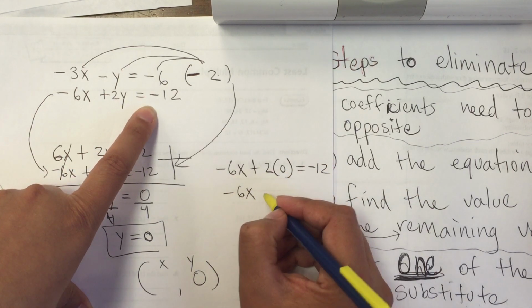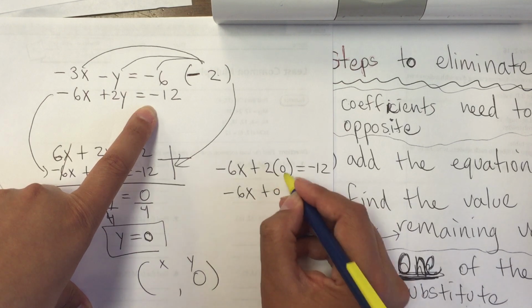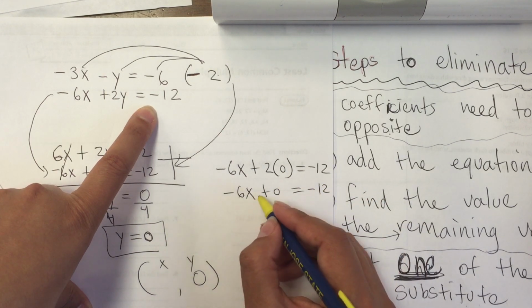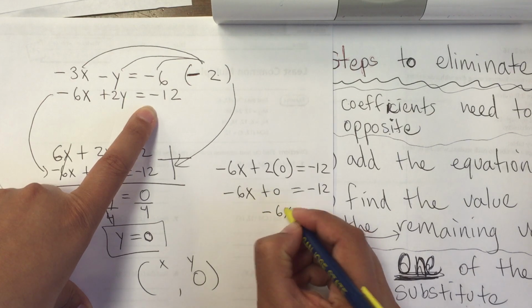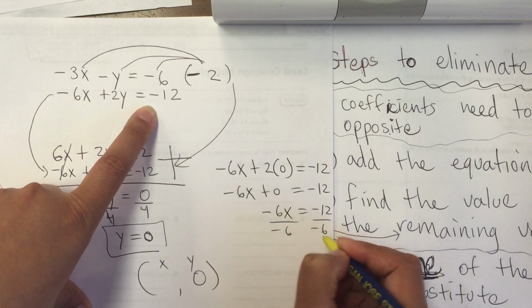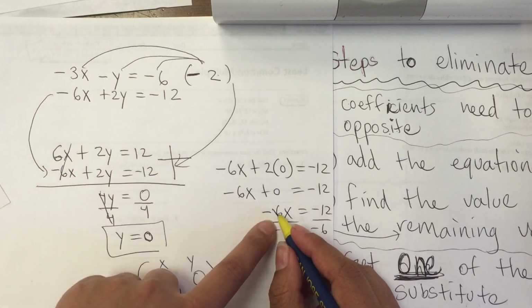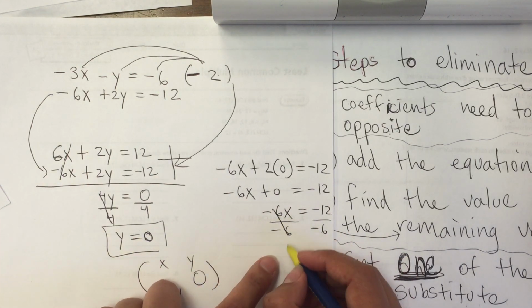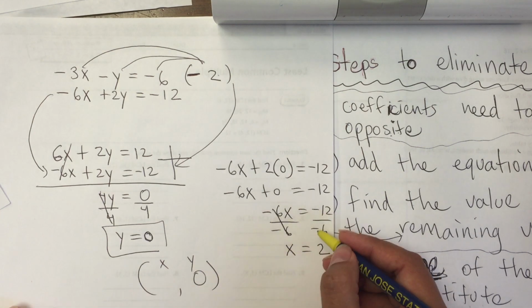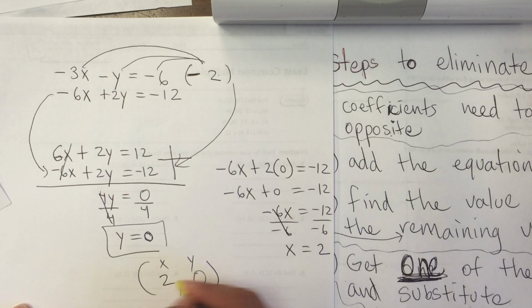Negative 6x plus 0, because 2 times 0 is 0, is equal to negative 12. Negative 6x plus 0 is just negative 6x equals negative 12. Divide both sides by negative 6. Remember that in division we keep the same sign. And so x is positive 2, because negative divided by negative is positive. So 2.